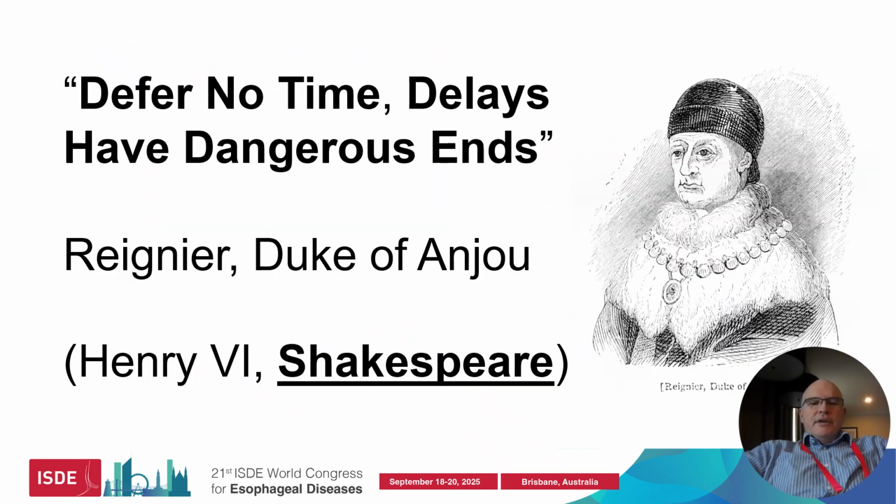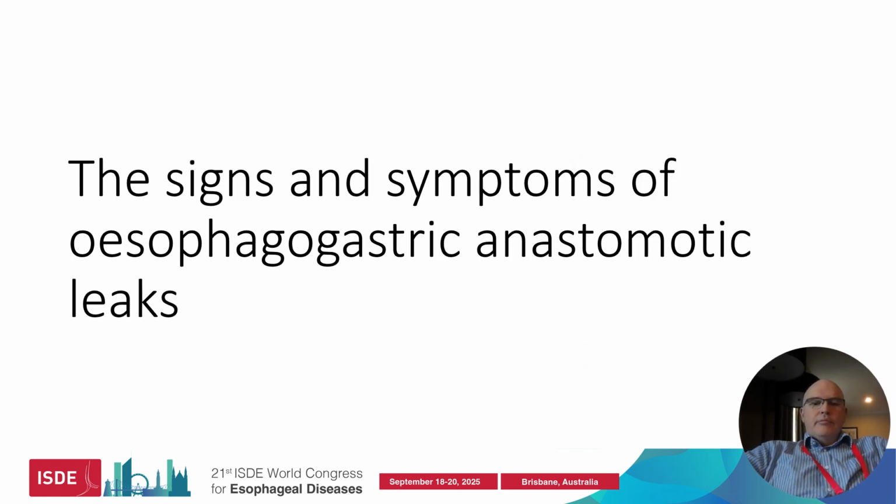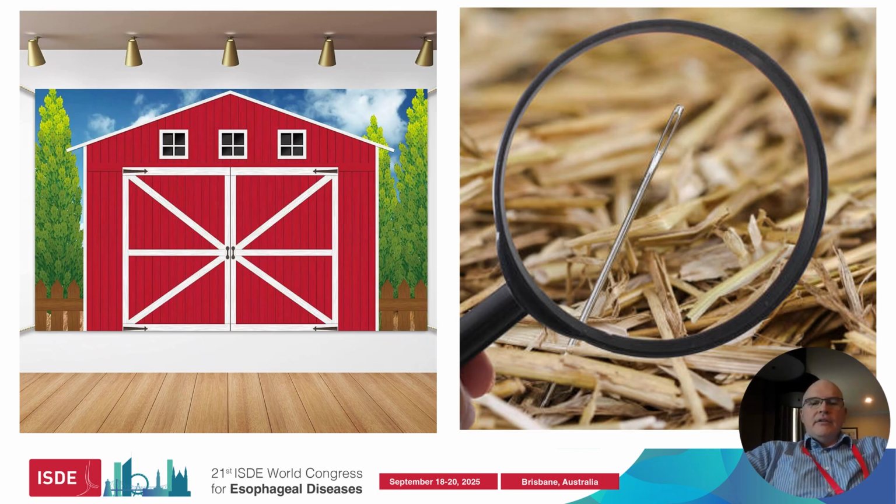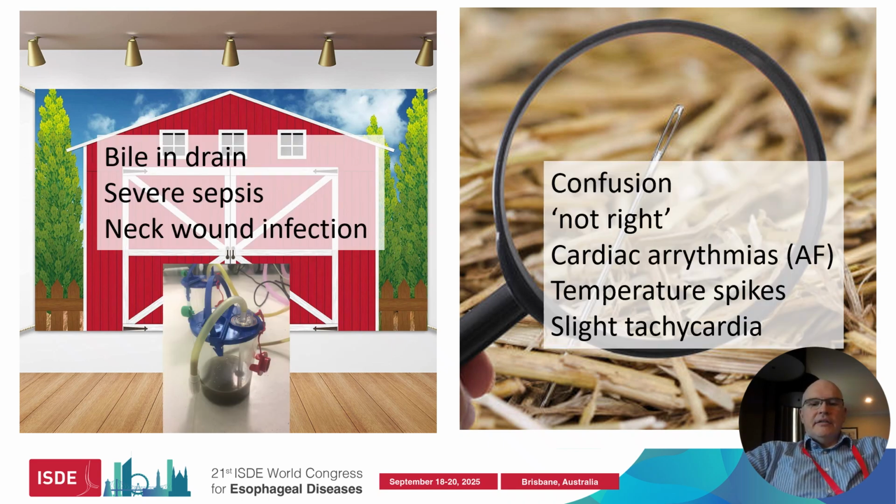I like the Shakespeare quote: defer no time, delays have dangerous ends, and the same can be true for anastomotic leakage. What are the signs and symptoms of anastomotic leaks? Well, they can be very barn door, or they can look like searching for a needle in a haystack.